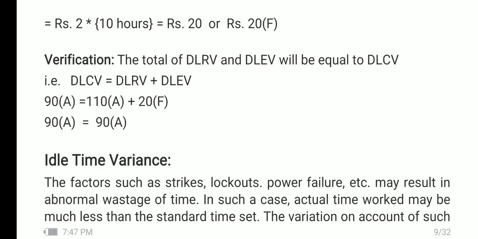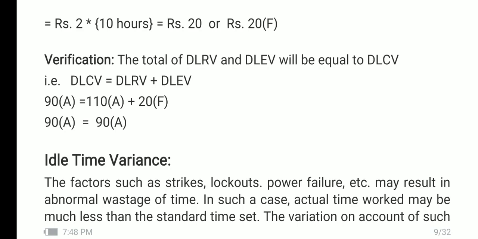So, 120 hours minus 110 hours will give us positive 10 hours. That means standard time is more than actual time, or we can say that actual time taken is less than standard time specified by 10 hours. When multiplied with rupees 2, that is the standard wage rate, it will give us rupees 20 positive, that is rupees 20 favorable. So, direct labor efficiency variance is favorable to us.